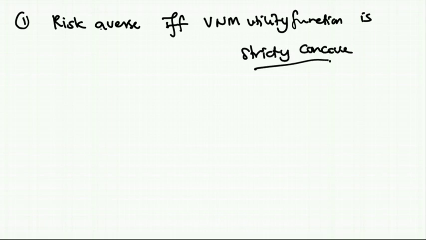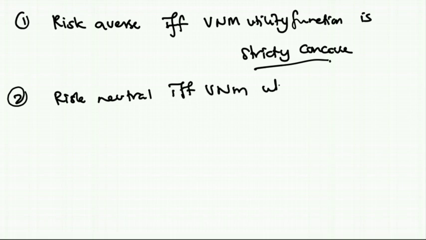Okay, so risk averse. But the person is said to be risk neutral if his von Neumann utility function is linear, because of the equal sign, isn't it, previously?